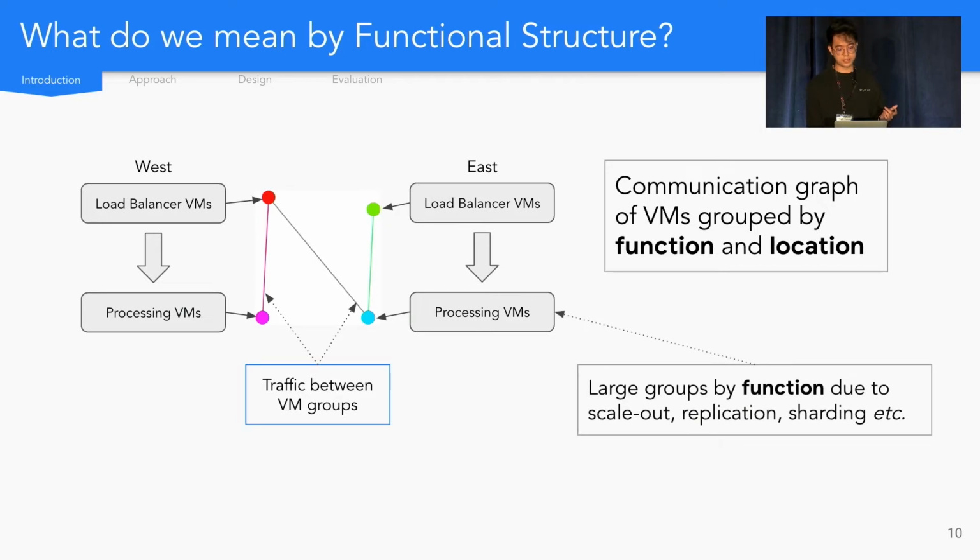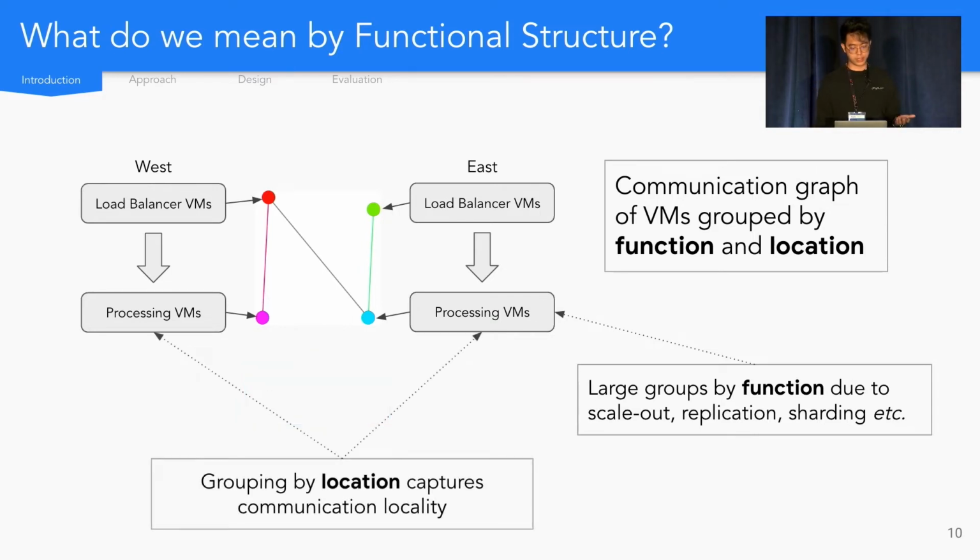First, we observe that often multiple VMs run the same piece of software in a project. This is caused by the techniques for scaling out, such as replication or sharding. Grouping by location captures the communication locality, which ensures low latency and low network cost.